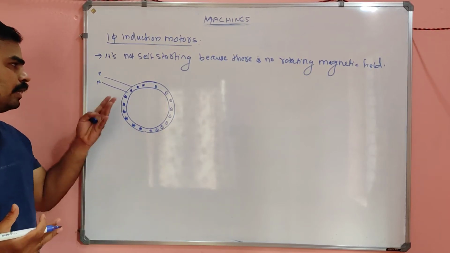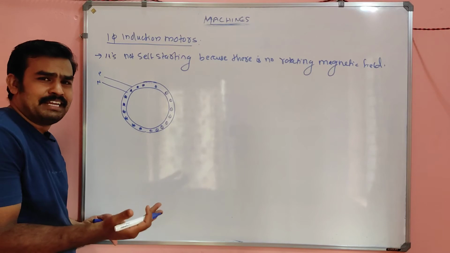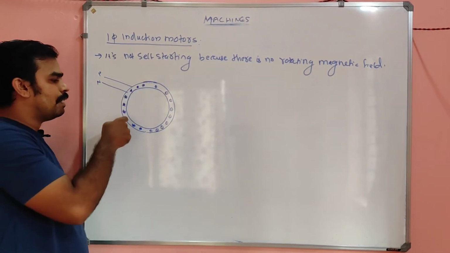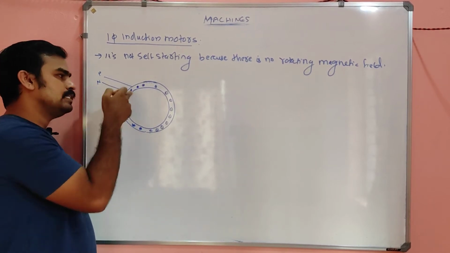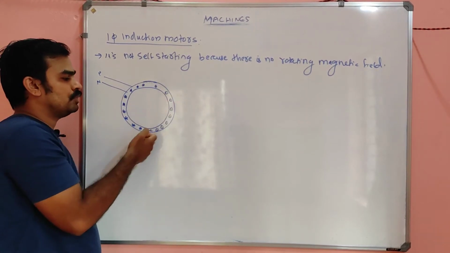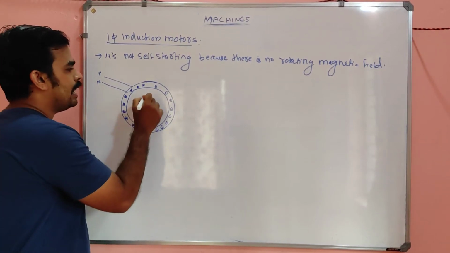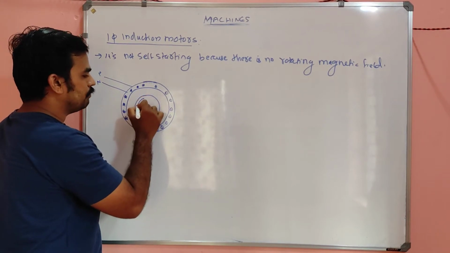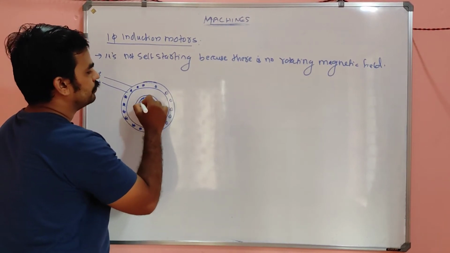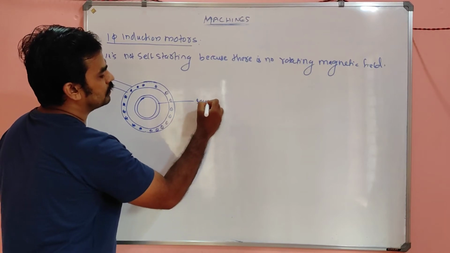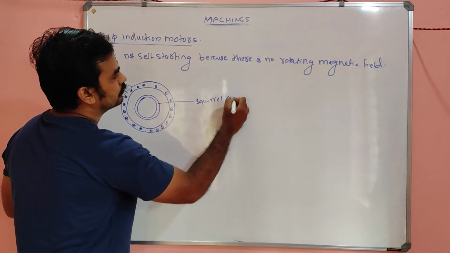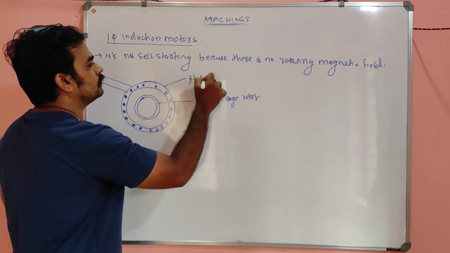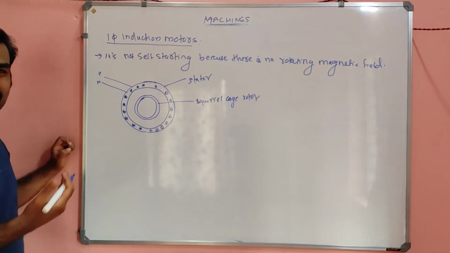You can want any number of poles, no issue. Suppose for a 2-pole structure, this half will contain current in the inward manner, and this portion in the outward manner, and inside is the rotor, which is nothing but a squirrel cage rotor. This is the stator, wound for single phase.